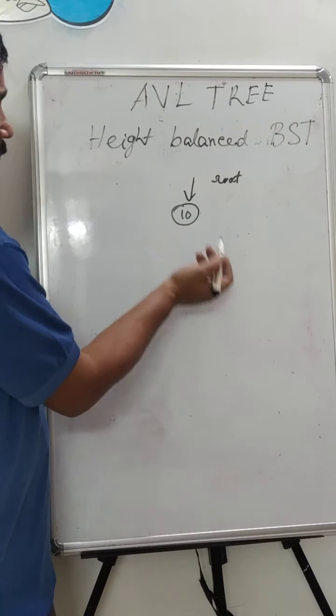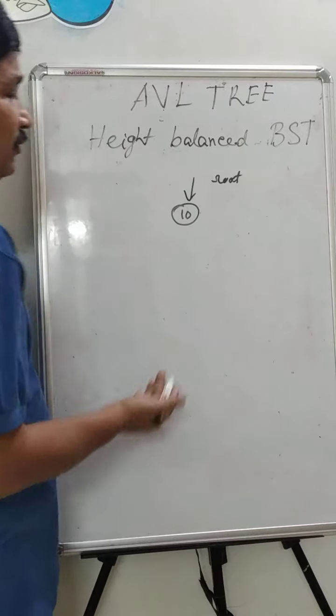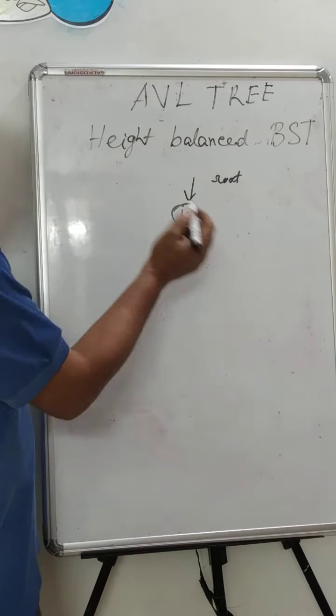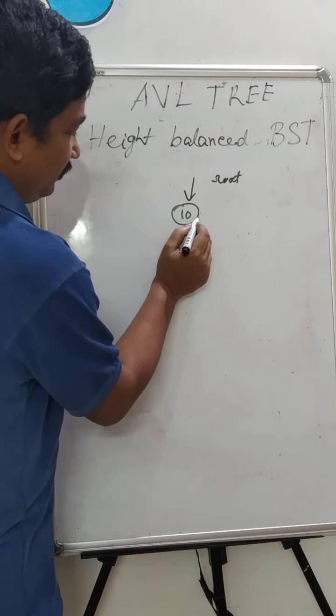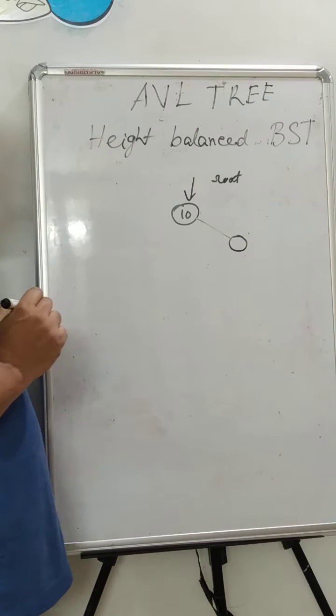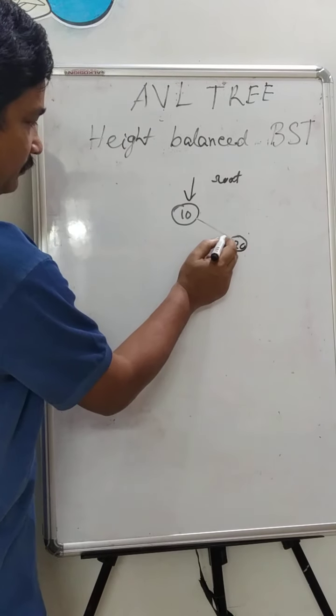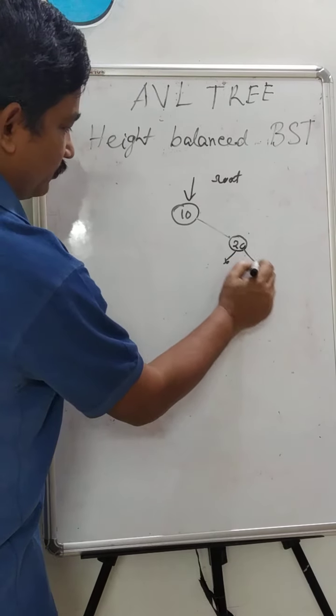But the second time, whenever we insert a new data, it may be bigger than 10 or smaller than 10. So let us assume that we have inserted 20 here. The value will come to this side and we will put it here.